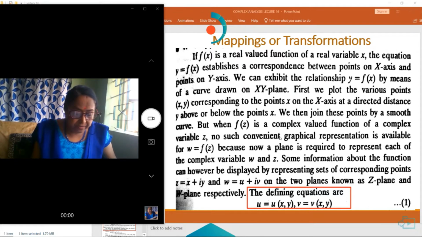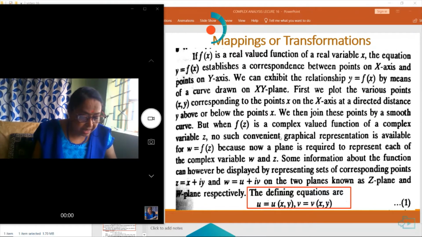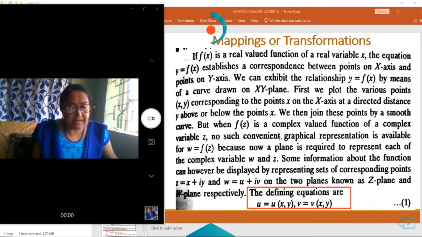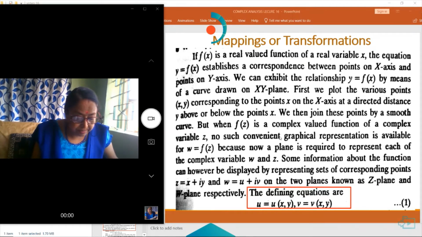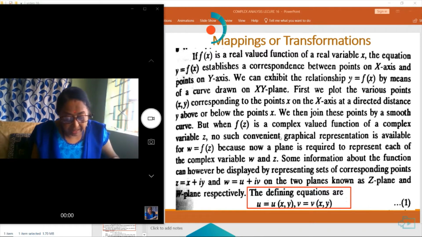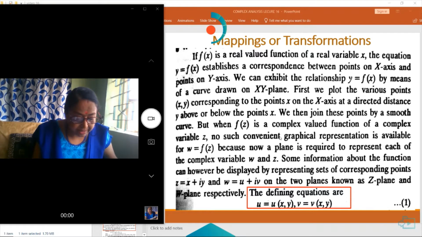Now, if f(x) is a real valued function of a real variable x, then the equation of the type y equal to f(x) exhibits a correspondence between a point on the x-axis and a point on the y-axis.